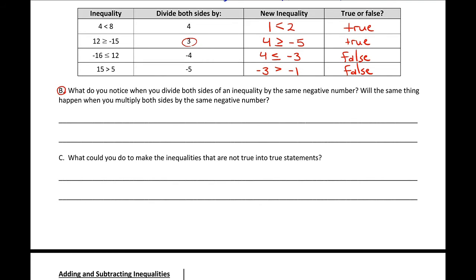So let's look at question B here. What do we notice when we divide both sides of an inequality by the same negative number? And will the same thing happen when we multiply both sides by the same negative number? Well, it becomes false. And the same thing is going to happen with multiplication, because multiplication is the same as dividing by a reciprocal.